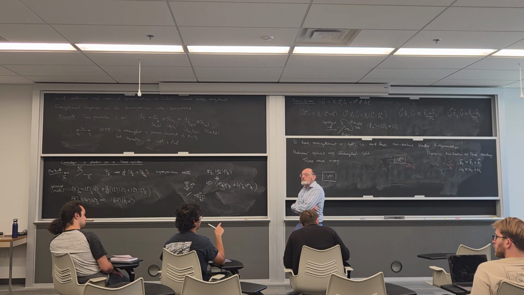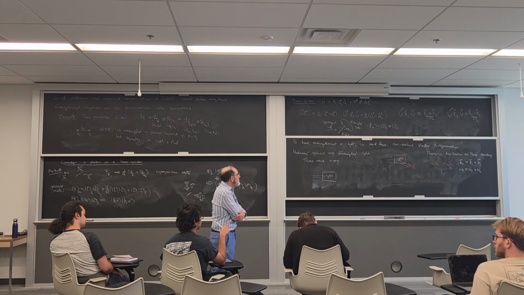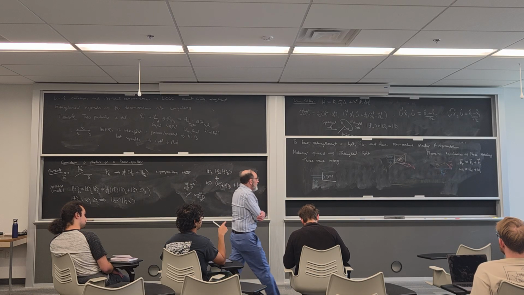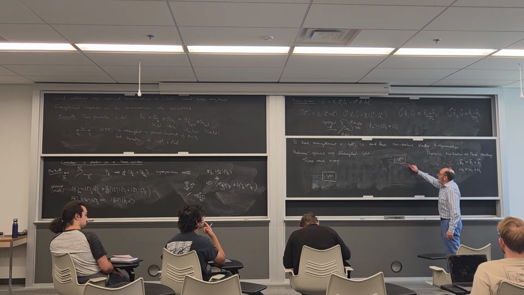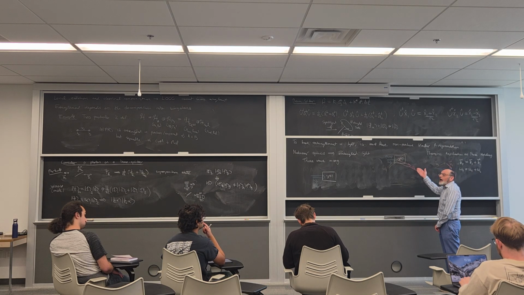Is the idler and the source K equal? No, they're not equal, for two reasons. They're propagating in different directions, and the wave number, the length, they're not necessarily at the same frequency.